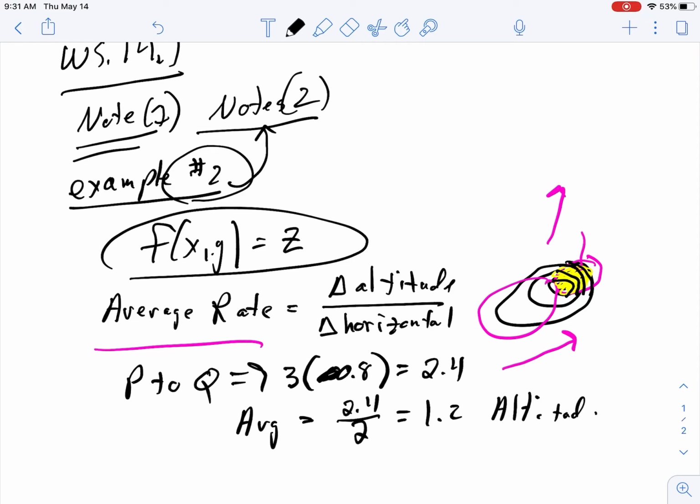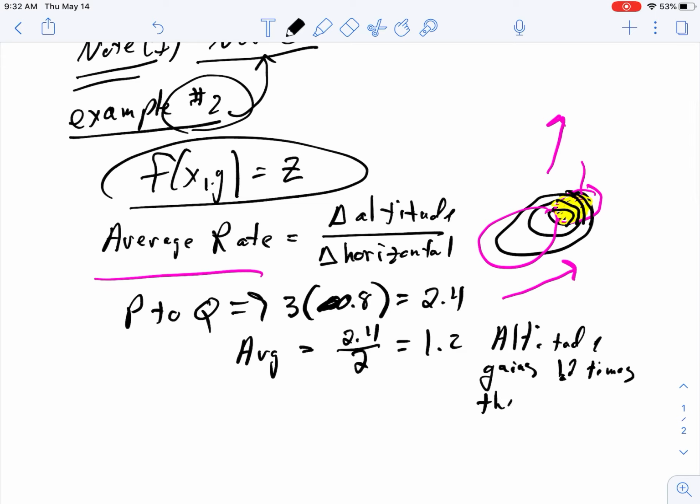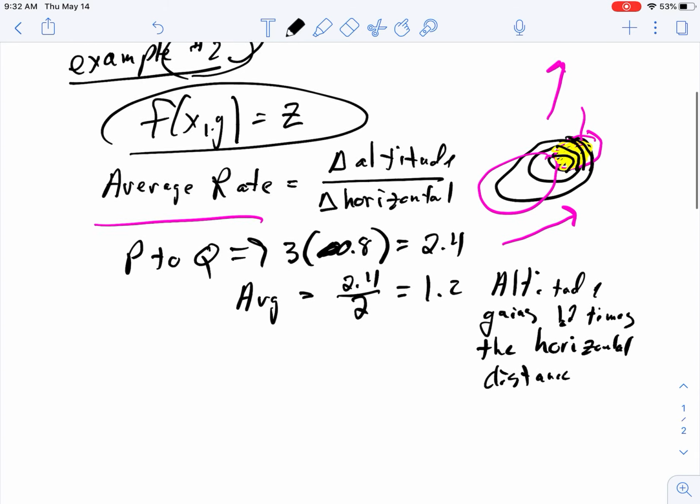So what does that mean? It says your altitude gains 1.2 times the horizontal distance. Okay.